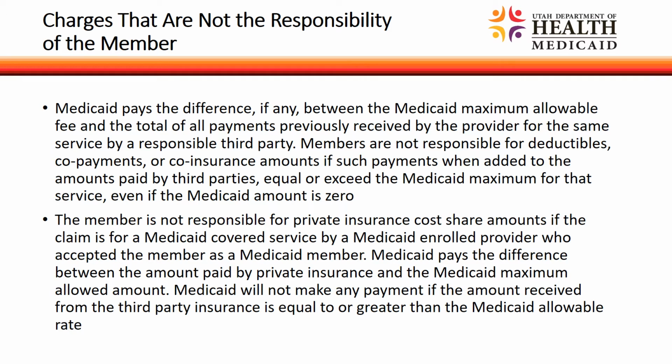The member is also not responsible for private insurance cost share amounts if the provider accepted them as a Medicaid member. Medicaid pays the difference between the amount paid by private insurance and the Medicaid maximum allowed amount. Medicaid won't make any payment if the third party pays equal to or greater than the Medicaid allowable rate.